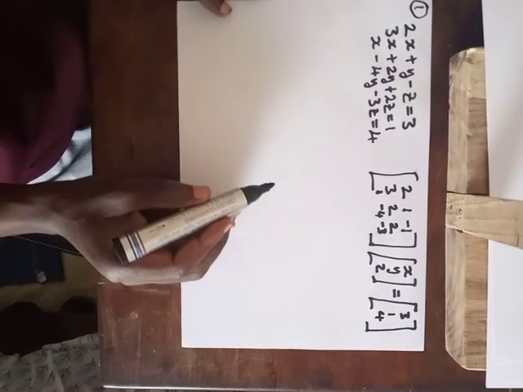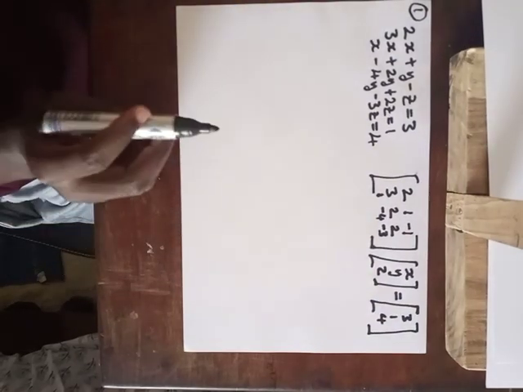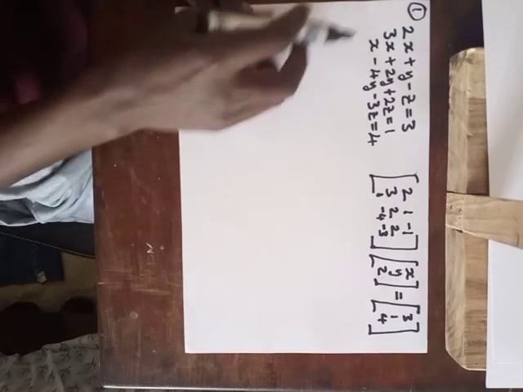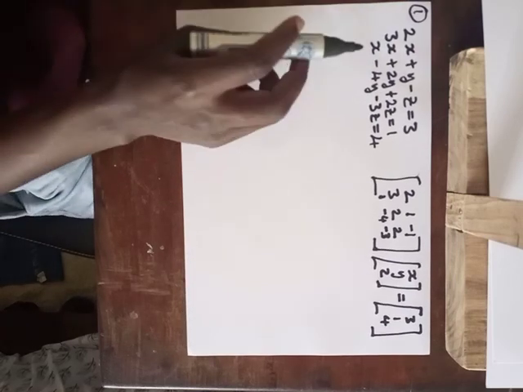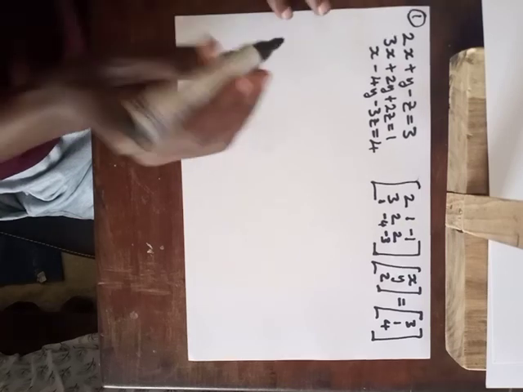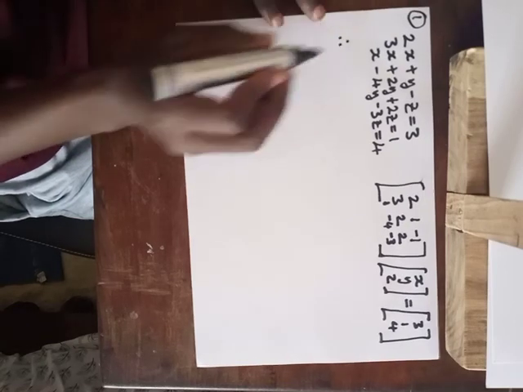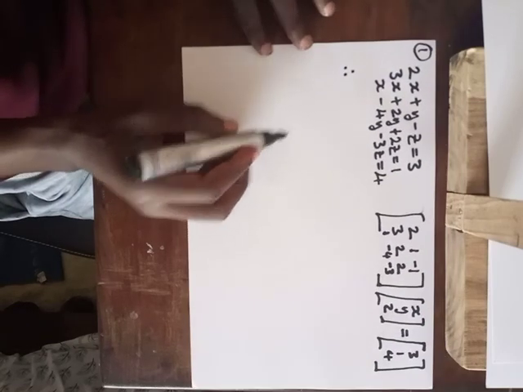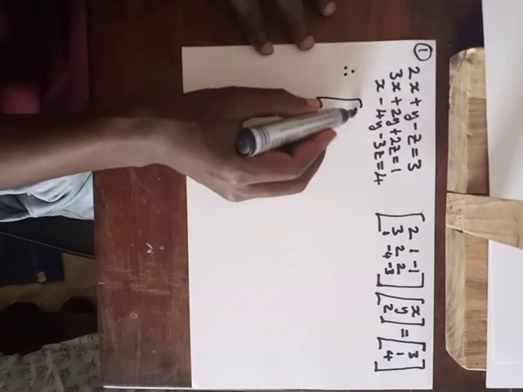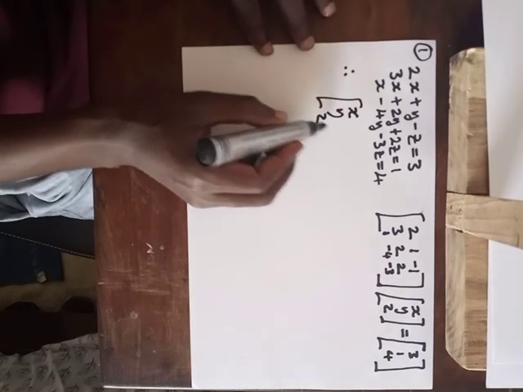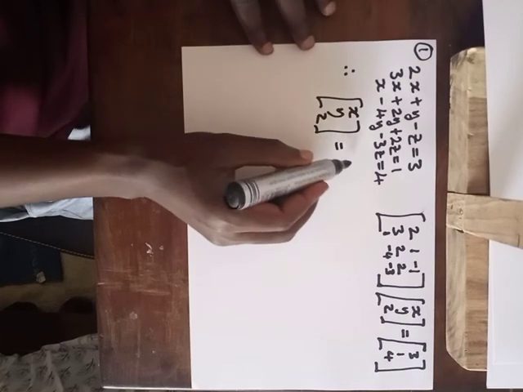When you are done with this, the next thing that you have to do is solve this simultaneous equation using matrices. The answer that we are supposed to get when we solve this, x, y, z, is equal to this.